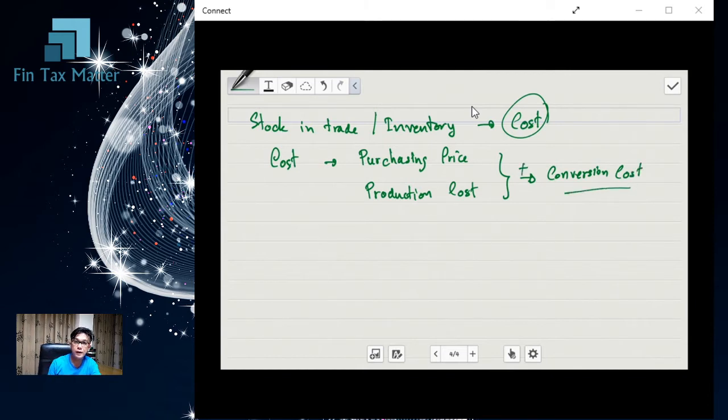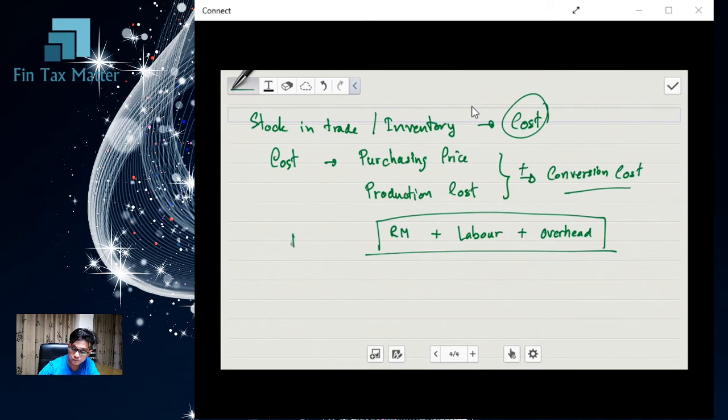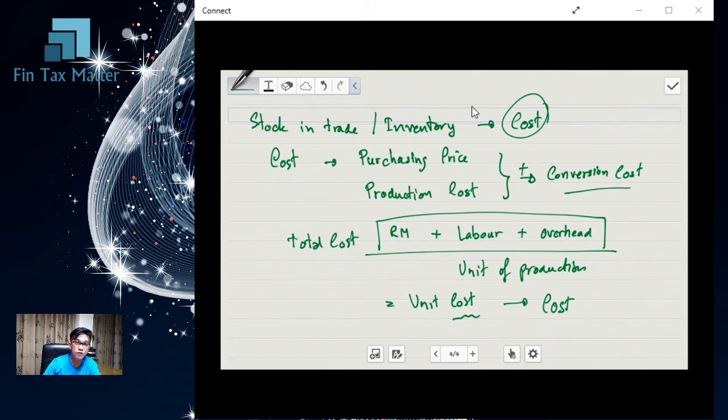Under accounting, production cost or conversion cost has three major parts: raw material, labor cost, and overhead. This is the total cost for the production. It will be divided by the number of units produced, and it becomes the unit cost of the inventory. This is the cost that should be shown in the financial statement to value the amount of inventory.